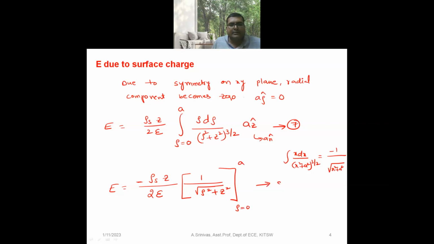Let it be equation number 8. In the next PPT, we are going to substitute the upper and lower limits to simplify the equation.